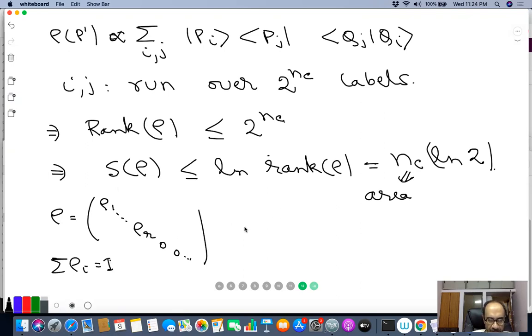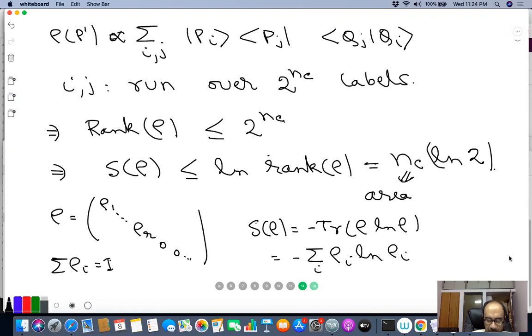Then S of rho, which is minus trace of rho log rho, which is minus sum over i, rho i log rho i, is maximized when rho i equals 1 over r.